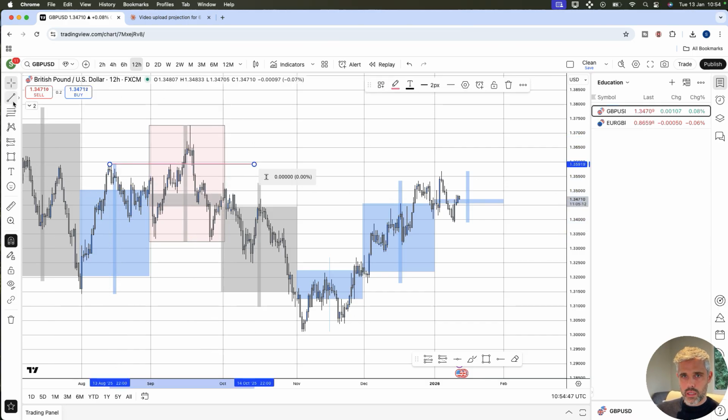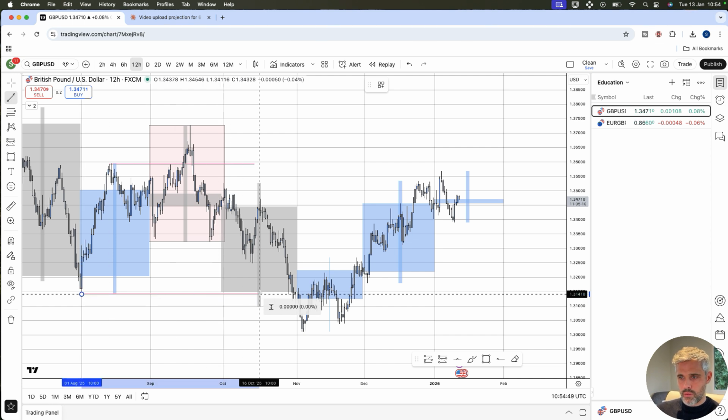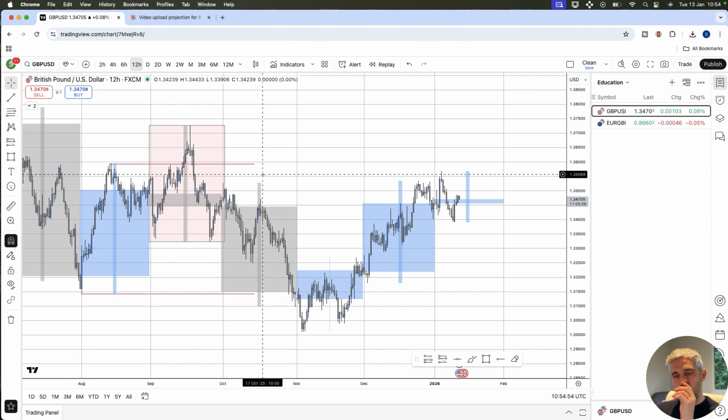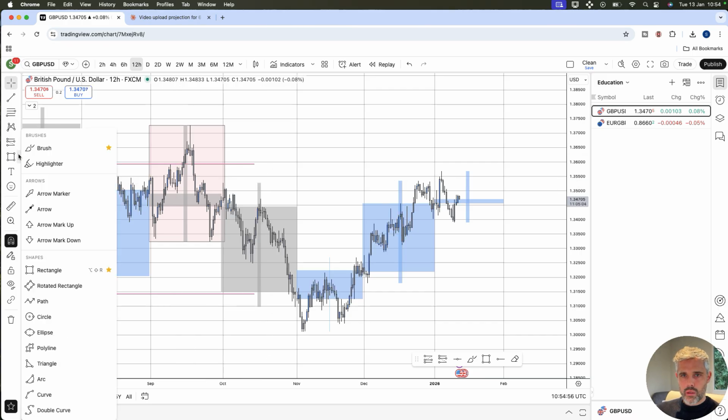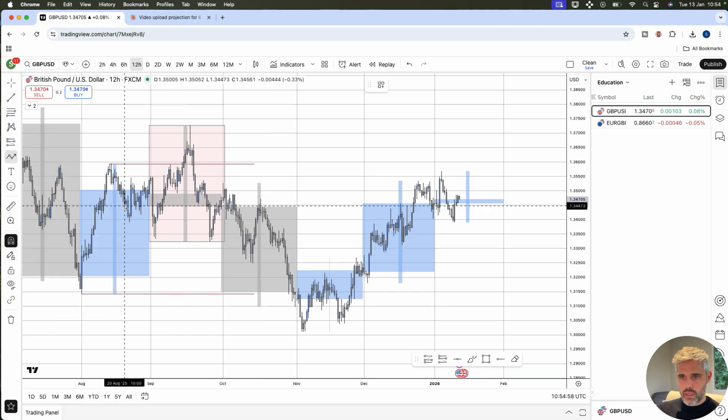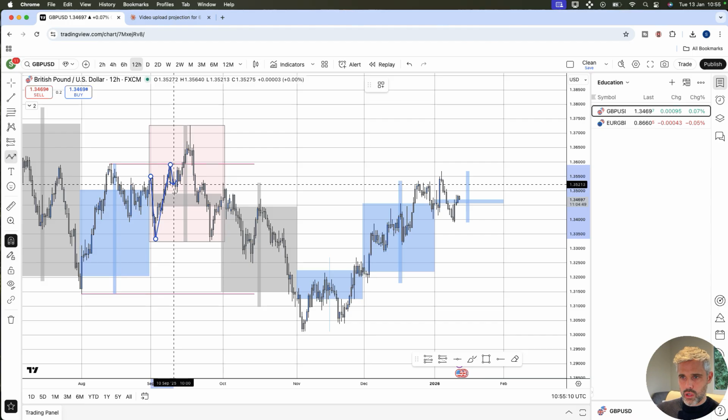So if we just look at this entire range of price action right here, you're probably already seeing what happened. We had bullish price action. Actually, sorry. We started off with bearish price action, and we had some sort of structure shift here.